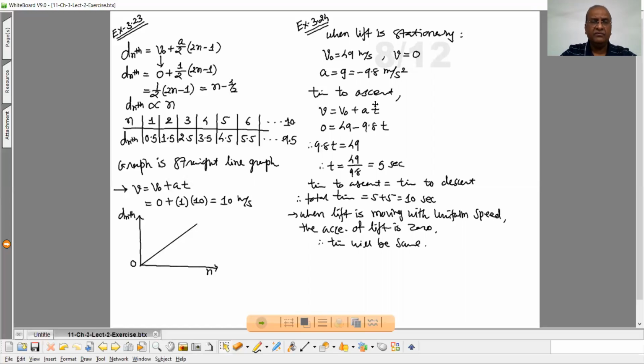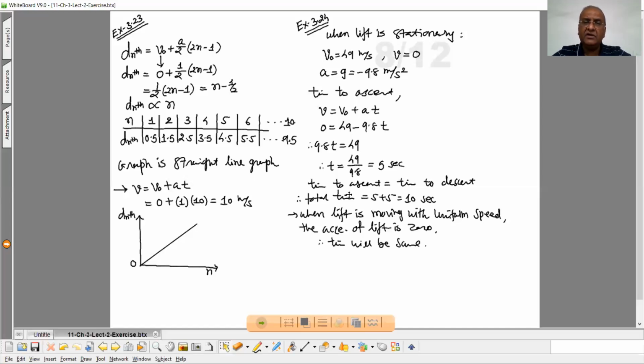Okay. Now, v is v0 plus at. So we can write 0, initial velocity 49, acceleration g, minus 9.8 into t. So 9.8 t is 49. Therefore, t equal to 49 upon 9.8 will give you 5 seconds.